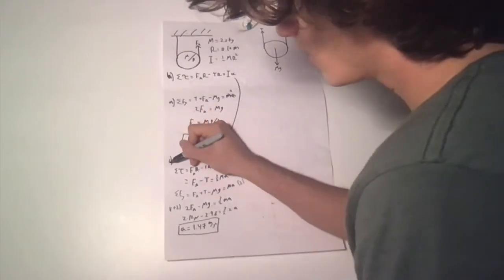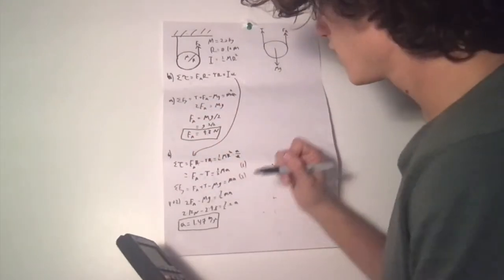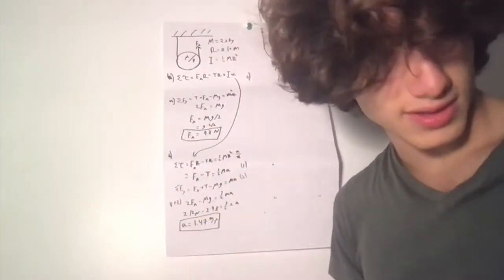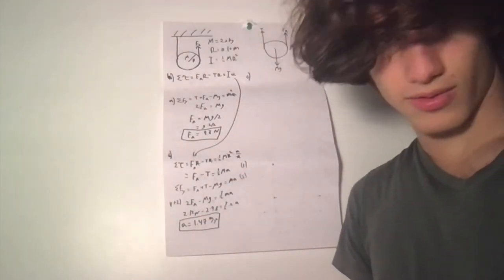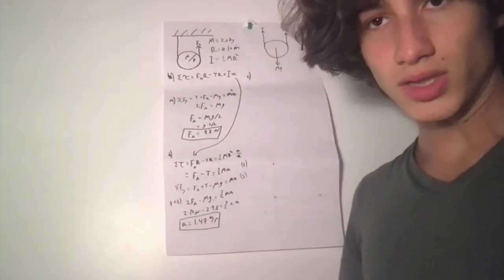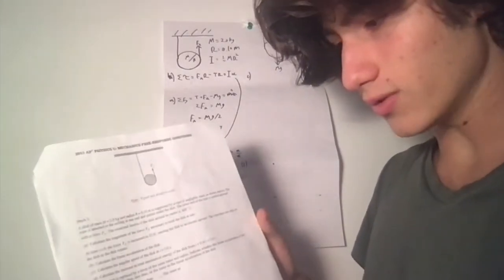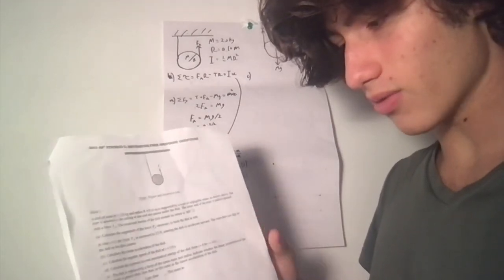That's part B answered. All right, let's see what C is asking us for. For C, they are asking us to calculate the angular speed of the disk at time equals 3 seconds.